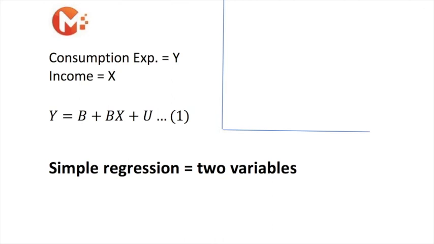Assuming we have consumption expenditure and income, when you plot the graph, it will look something like this, which is a regression line.